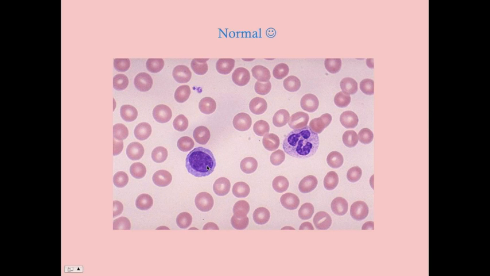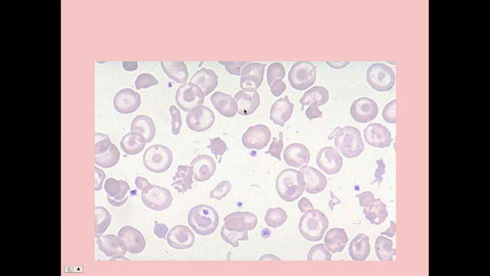Okay, what's this? What have you got here? You've got a lot of abnormal stuff. There's a normal appearing cell. Then you've got target cells. These target cells look like eyes or like a target. And then you've got something called a poikilocyte, which is an abnormally shaped red blood cell.